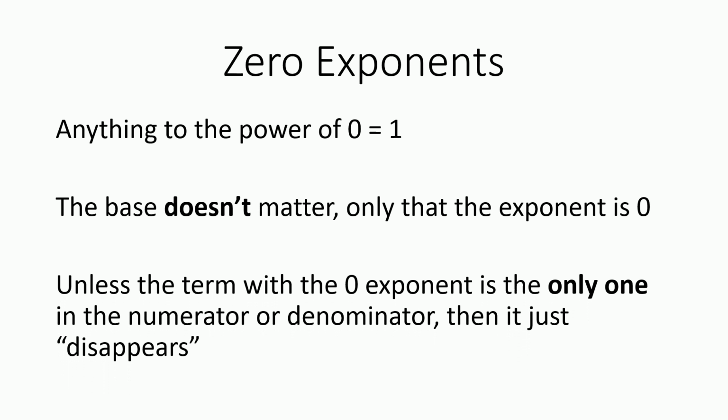Unless the term with the 0 exponent is the only one in the numerator or the denominator, then we can write 1. Otherwise, the term just kind of disappears, because when we multiply by 1, nothing changes, and we just write whatever terms are left over.